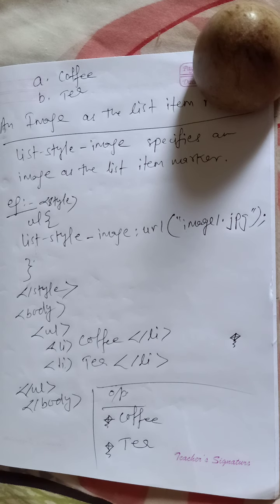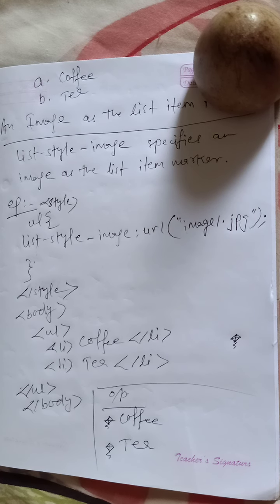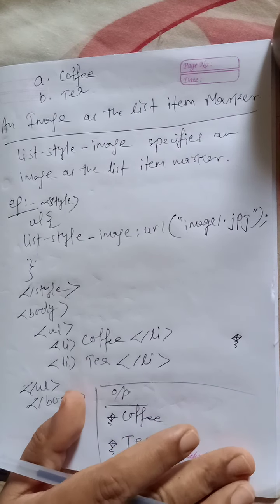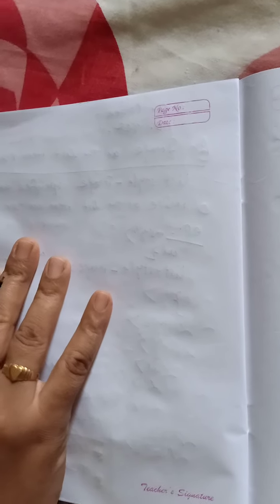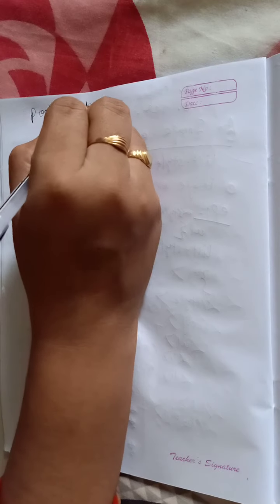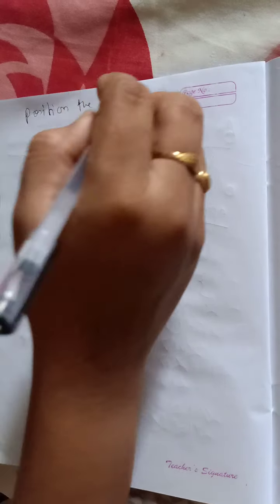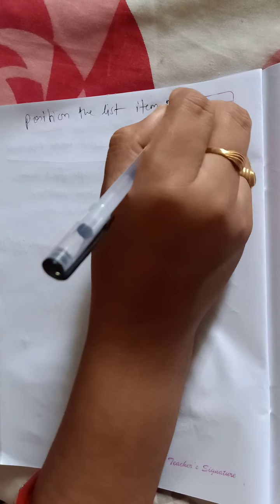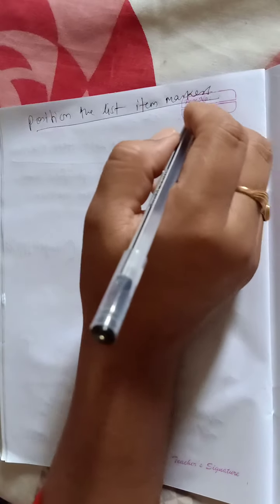So this will be now my bullet marks. Okay. So how to position the list item markers?